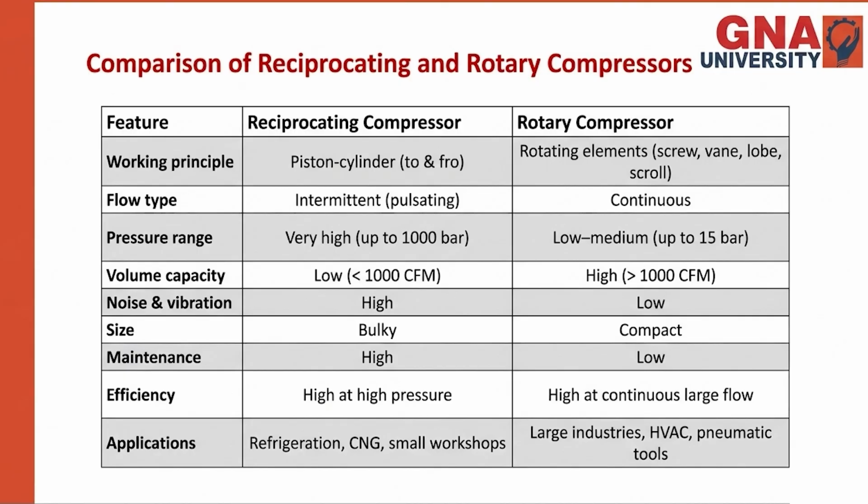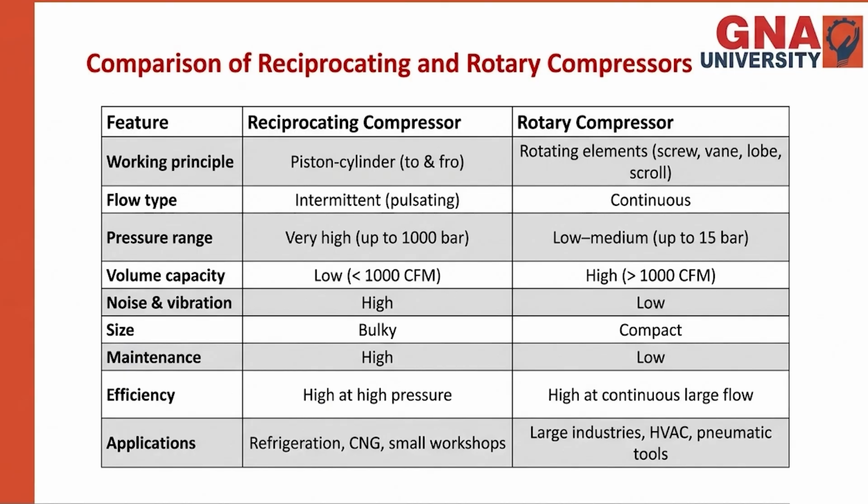Okay, pressure range. So in the reciprocating type of compressor, the pressure of the air that is obtained is very high. You can get the pressure up to 1000 bars. But when we talk about the pressure range of the rotary type of compressor, it is low to medium. So we can only get the pressure range up to 15 bars.